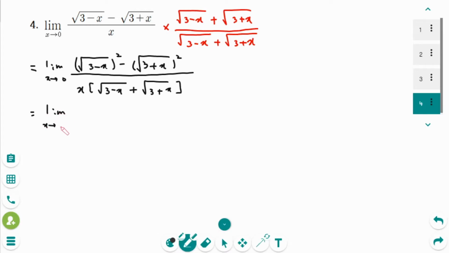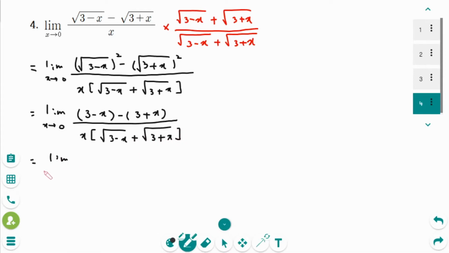And then simplify the numerator. 3 minus x minus 3 plus x. And then denominator is x times square root of 3 minus x plus the square root of 3 plus x.